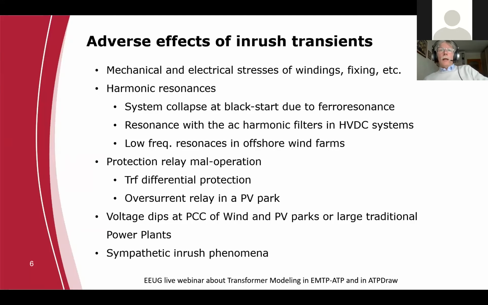If you energize a PV park or a wind farm, many similar transformers are energized simultaneously. So the inrush current amplitude is rather high. If the CTs, current transformers, saturate due to the high inrush current amplitudes, the secondary current of the CTs will not be proportional to the primary.